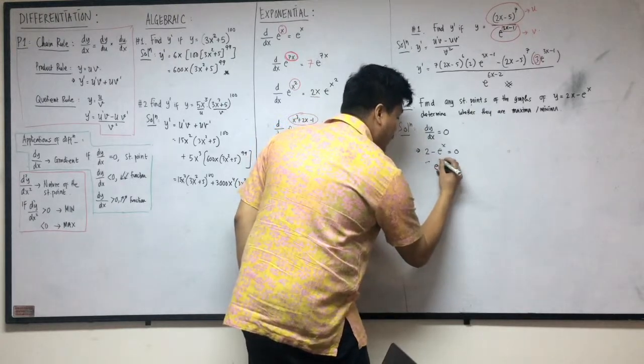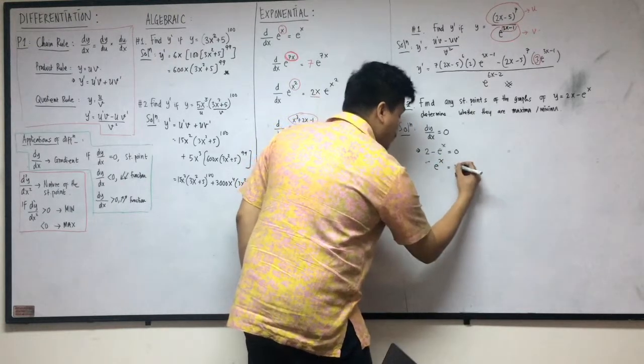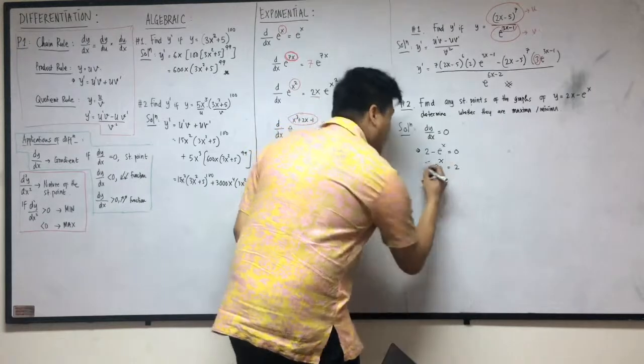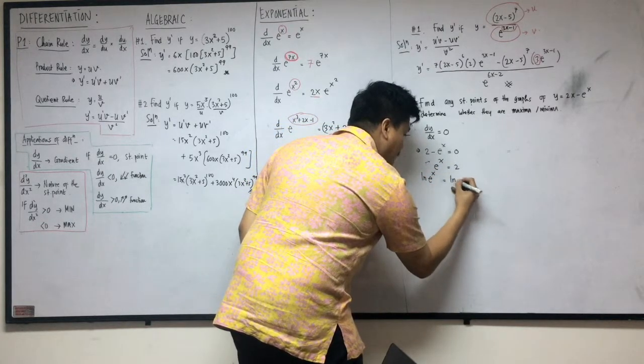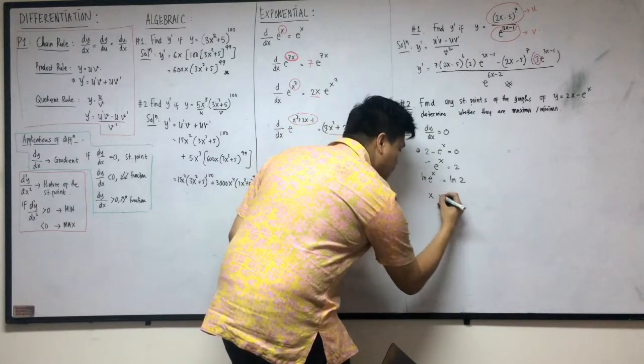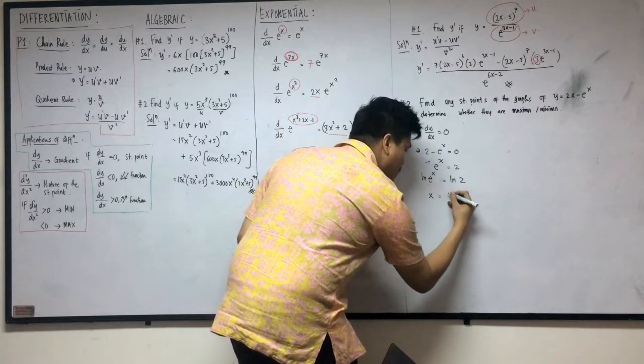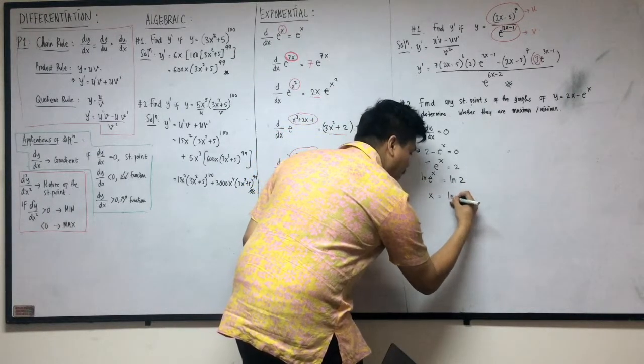So e to the power of x equals 2. And then ln e to the power of x equals ln 2. So x equals ln 2.